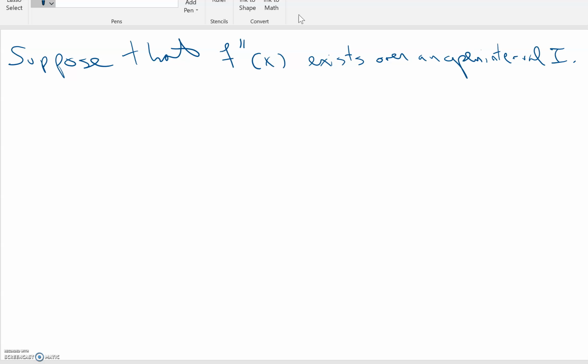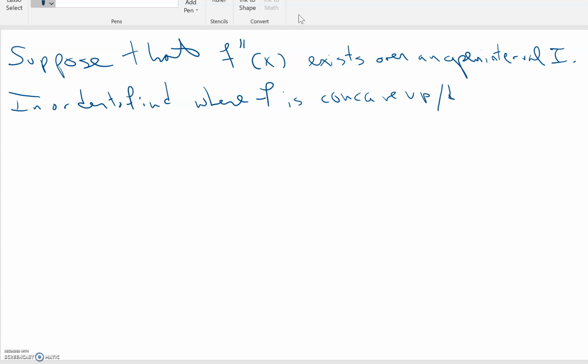Then in order to find where f is concave up, down, and inflection points, do the following.